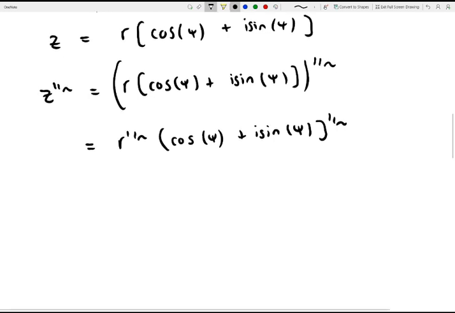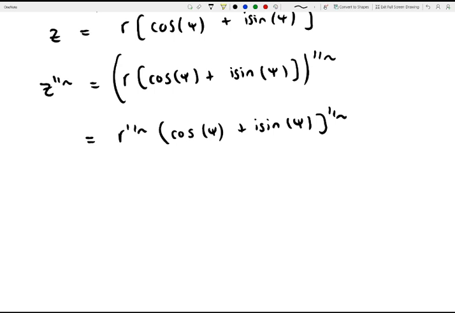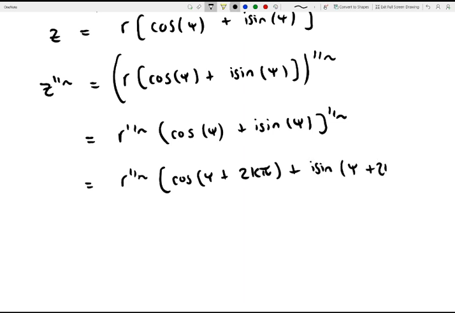And then we can use the fact that sine and cos here are periodic, with period 2 pi. So we can add on multiples of 2 pi here and it's still the same: phi plus 2k pi, for k being some integer.